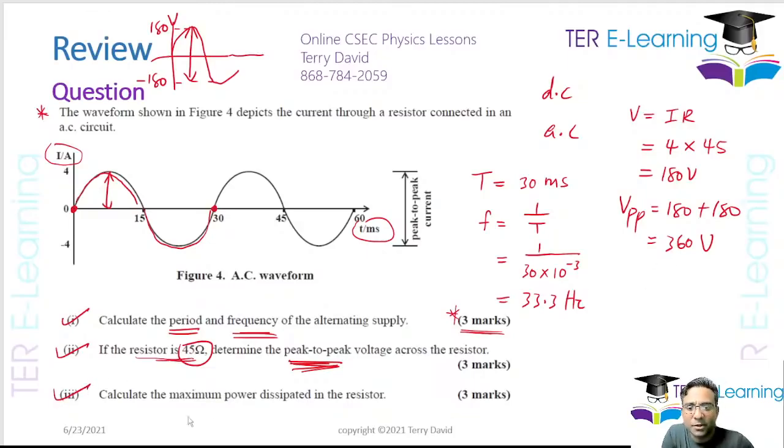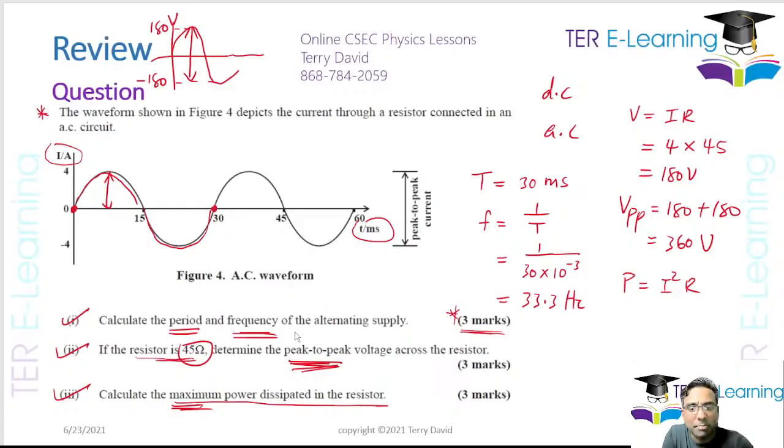In the third part now, they said calculate the maximum power dissipated in the resistor, right? Now, we need to know that power is equal to I squared R. That's the formula we're going to use. P is equal to I squared multiplied by R. Now, all I want to know is the maximum power.